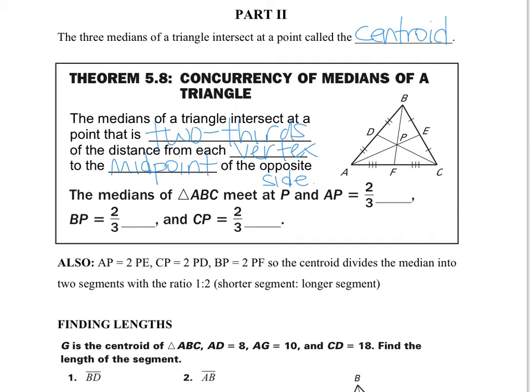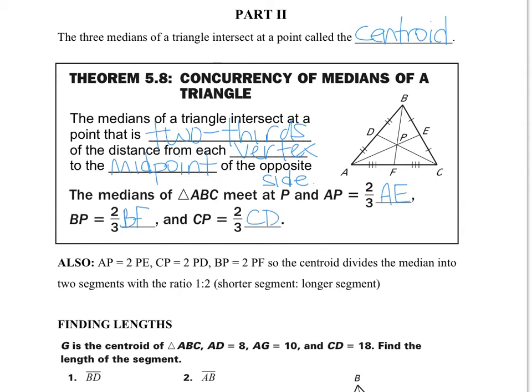Okay, so the medians of this triangle ABC meet at point P, and AP is 2/3 of the whole median. BP would be 2/3 of the whole median, and CP is 2/3 of the whole median.